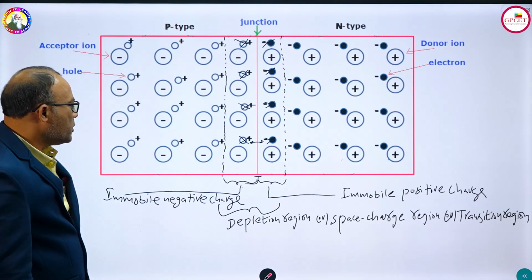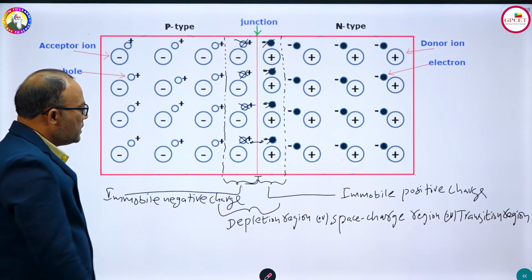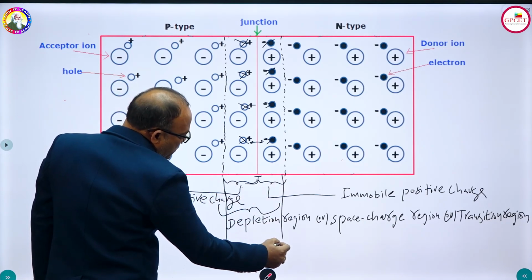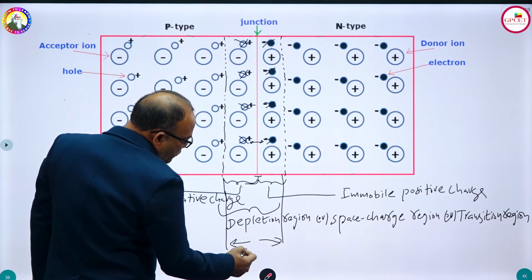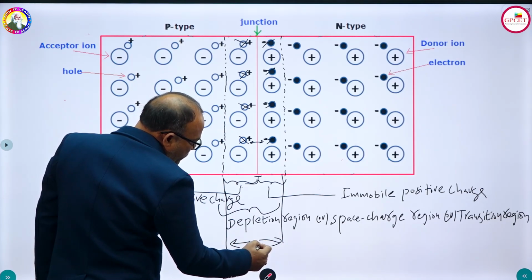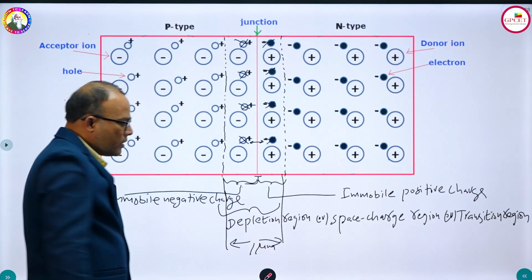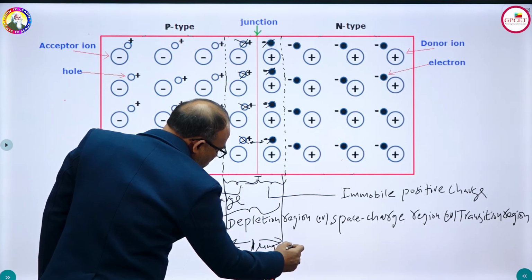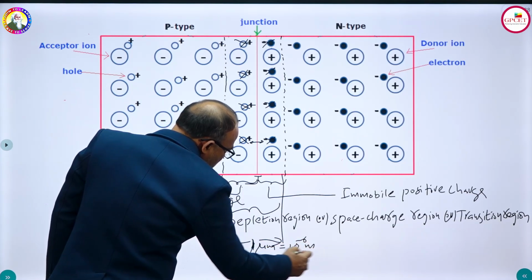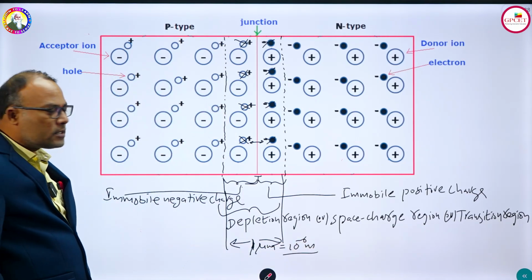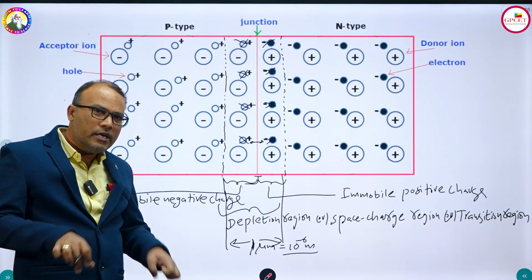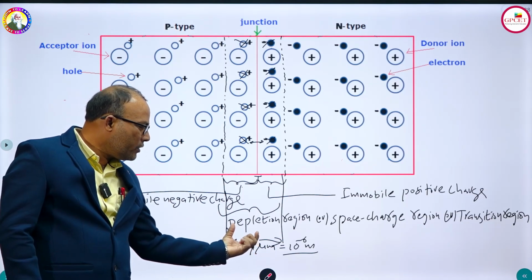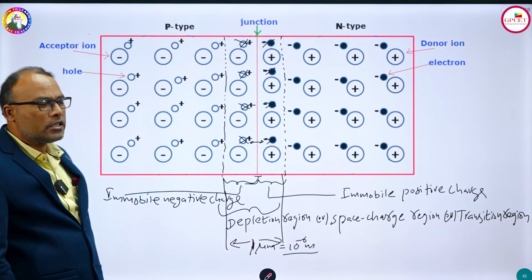Approximately, in a PN diode, the depletion region width for an ideal diode is equal to 1 micrometer, that is 10 power minus 6 meters.